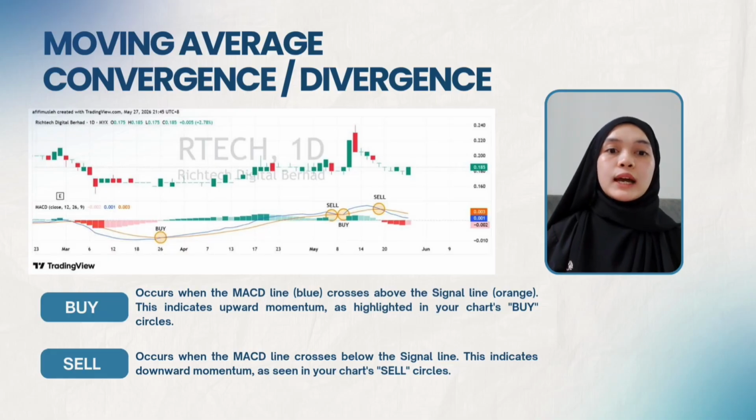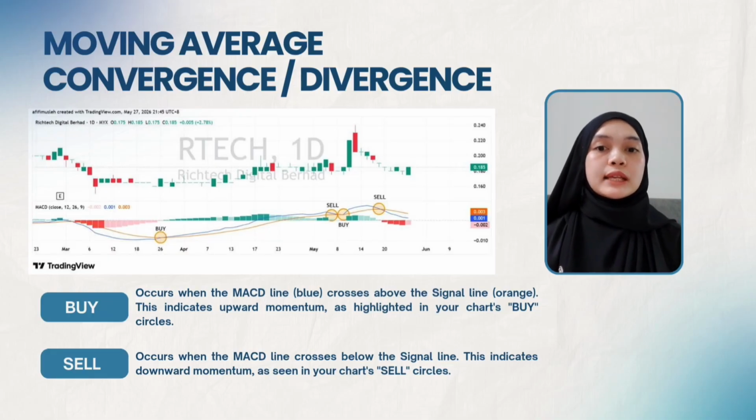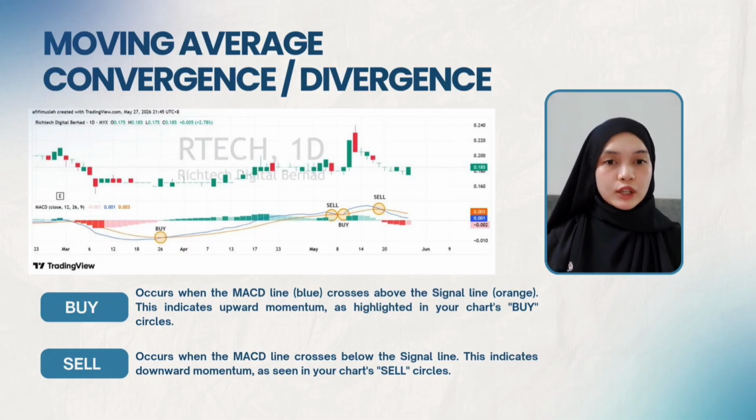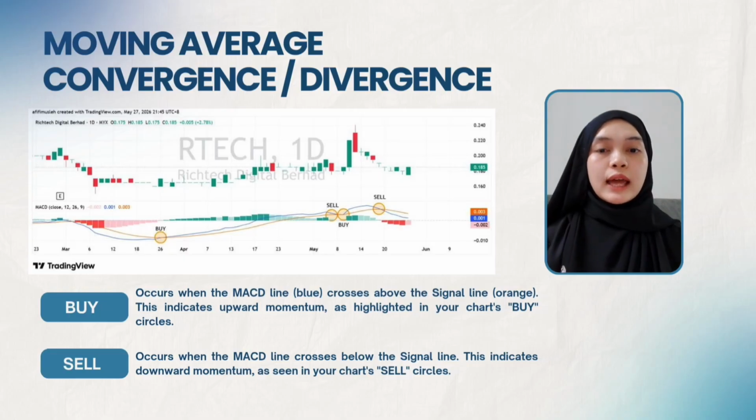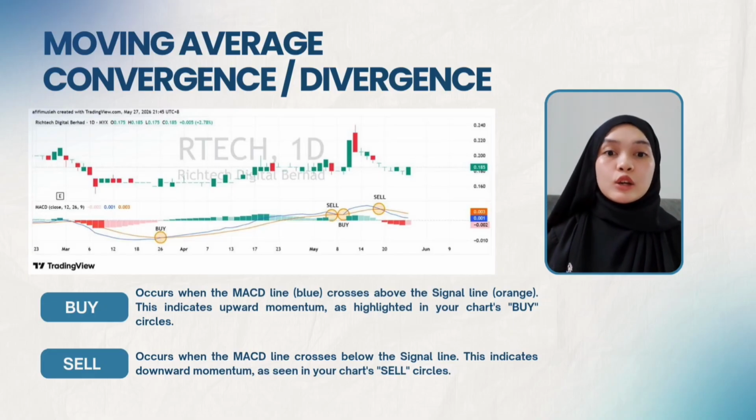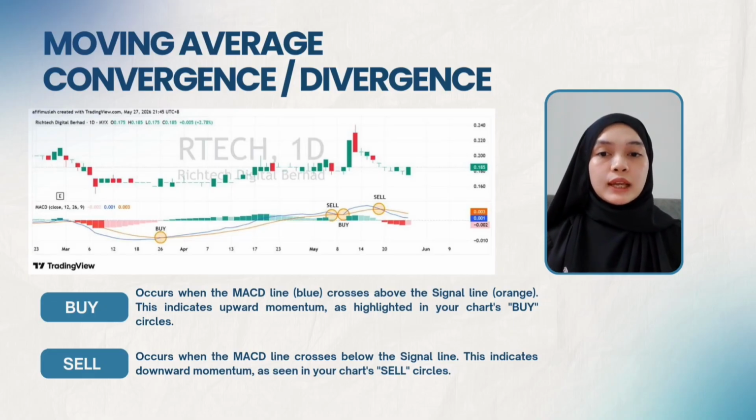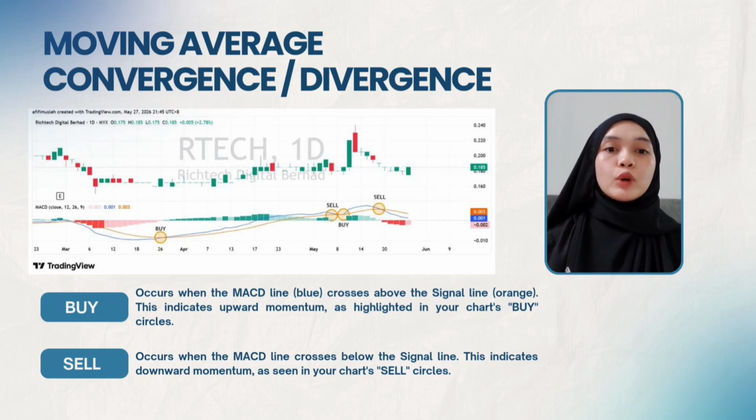I am going to guide you through one of the most reliable and popular tools that traders use to read stock charts, which is called the MACD, or Moving Average Convergence Divergence. Now, please don't let that long technical name intimidate you, because at its core, the MACD is simply a momentum compass.